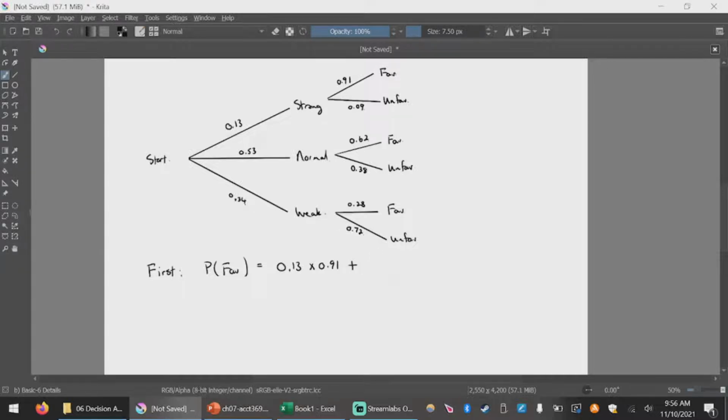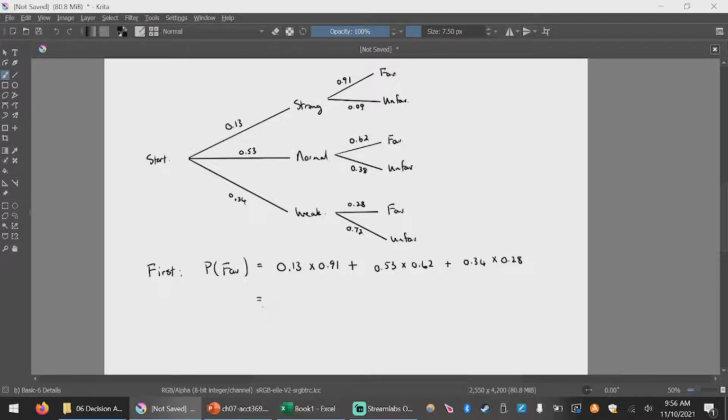The probability of that middle-ish path is 0.53 times 0.62. And the probability of this bottom favorable path is 0.34 times 0.28. So we have to calculate that, but we can easily do that in a second.